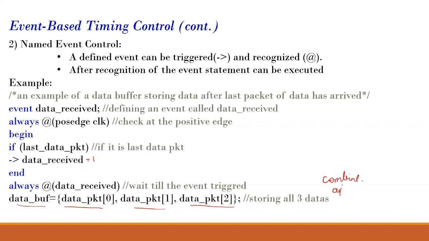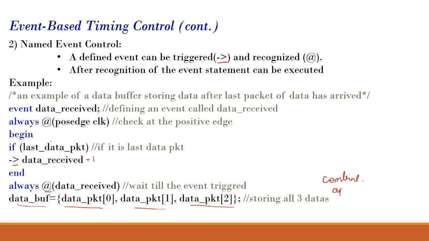So this event, data_received, is triggered by this line. By this line I am triggering that event, and using @, I am recognizing that this event has occurred. So this event is happening in my code.